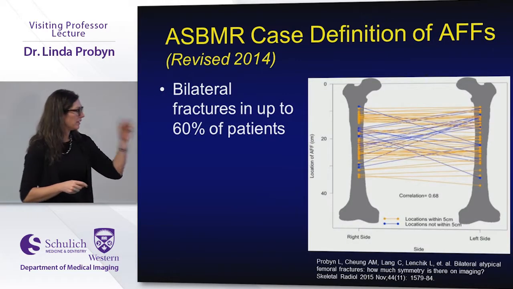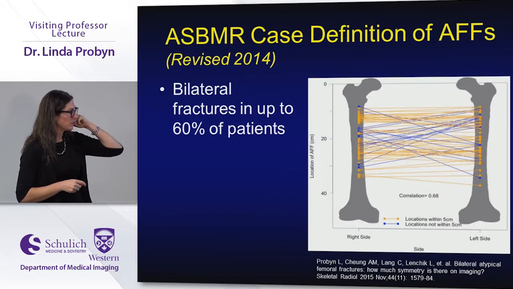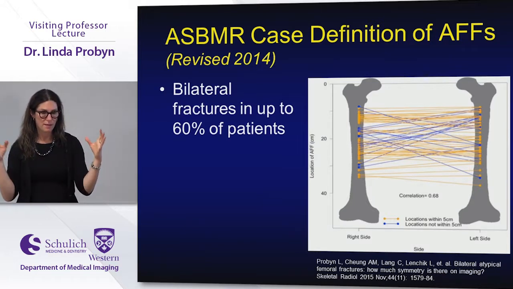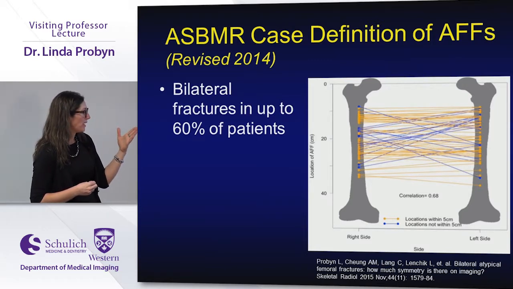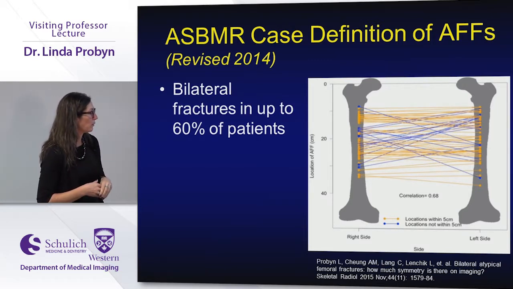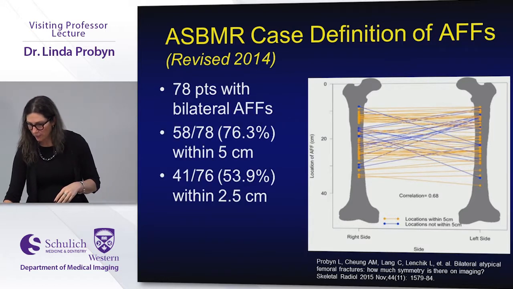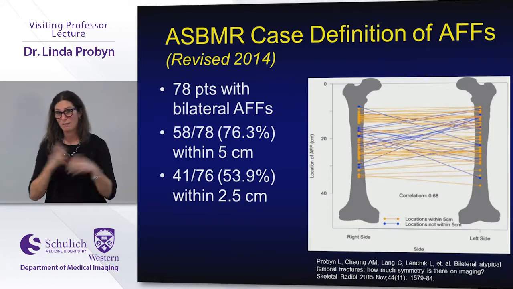We did a project, we published it in Skeletal Radiology in 2015, and I'm very lucky to be part of this registry that we have in Toronto, because we had a lot of patients with bilateral atypical femoral fractures. In our study, we had 78 patients who had bilateral fractures.